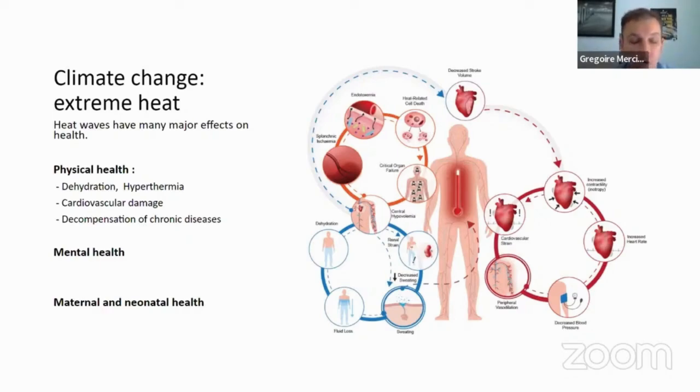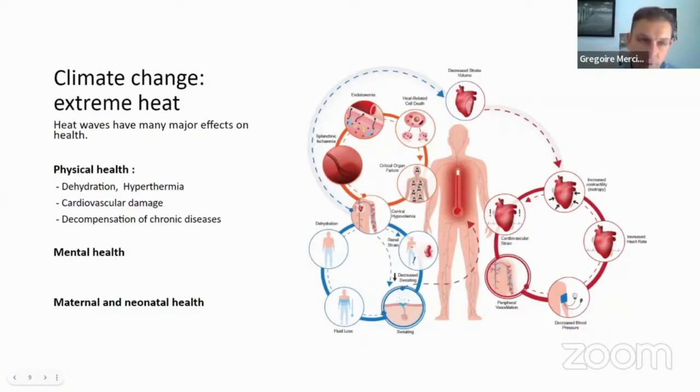There is also a growing body of evidence about the effect of extreme heat on mental health, and that's concerning because you know that in some countries, mental health has a growing contribution in terms of mortality too. And there is also an emerging body of evidence about the effect of extreme heat on maternal and neonatal health.